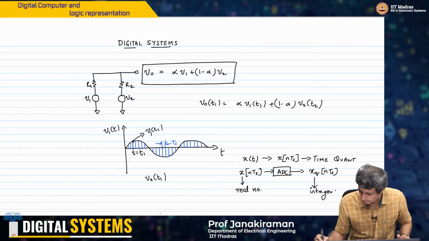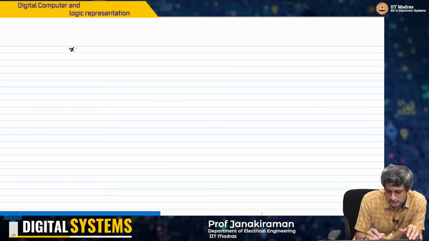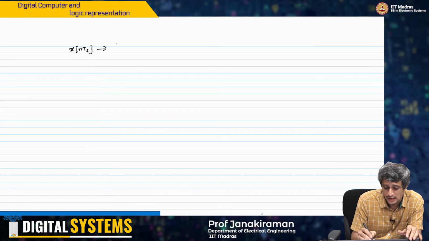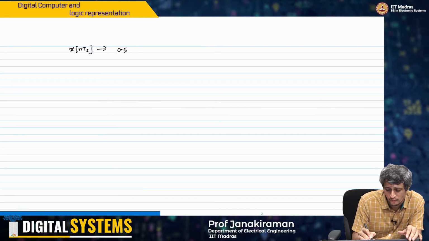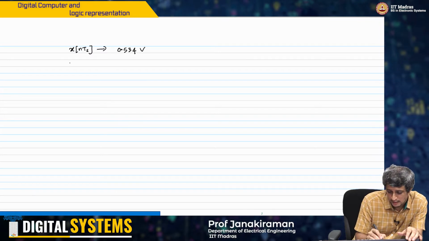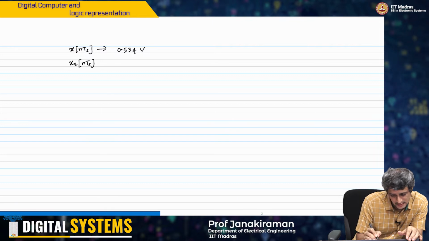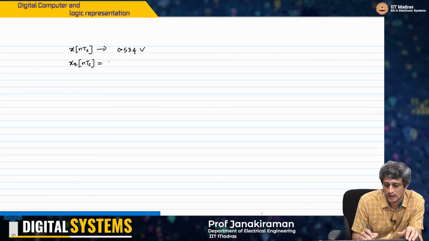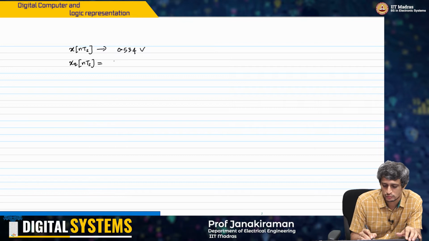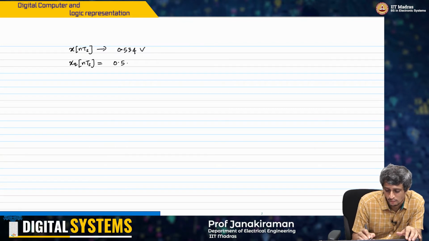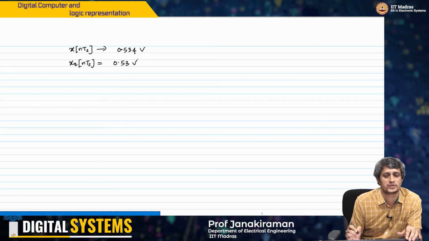For example, your x of nTs would be, let us say, 0.534 volts, but when you quantize it, it could get quantized to 0.53 volts.